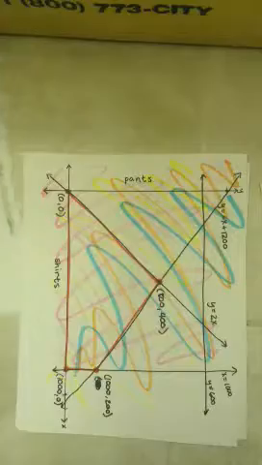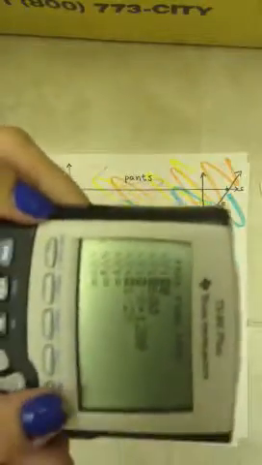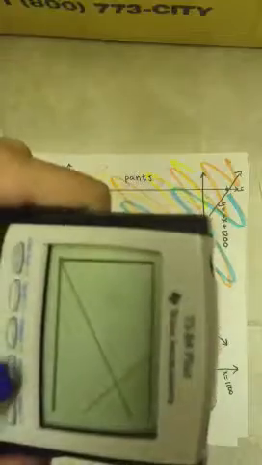For this one, we actually used a grapher, just like this, and I've already plugged in the values, and the graph checks out. Then you calculate where the lines intersect.